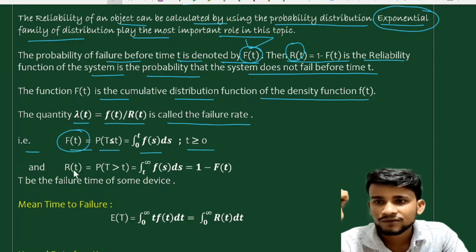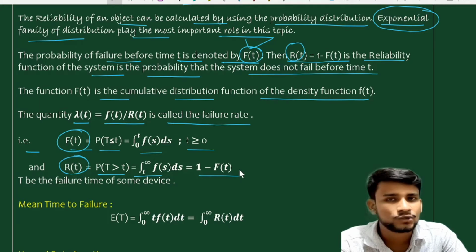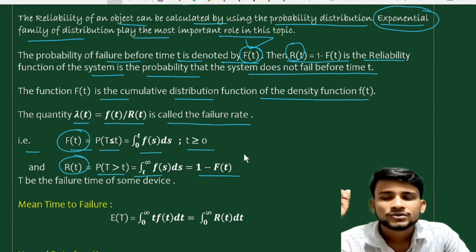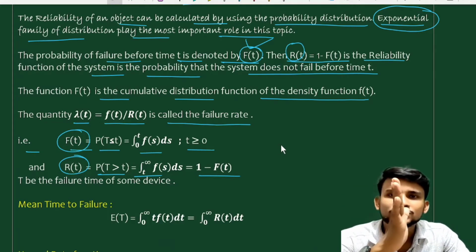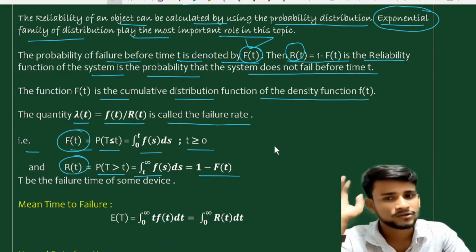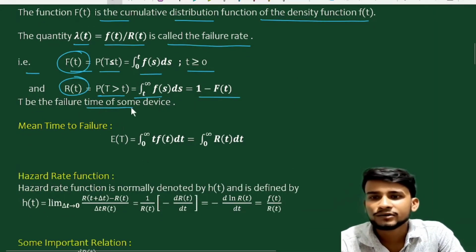This is the failure, and this is the reliability. So reliability equals the probability that T is greater than t, which equals the integral from t to infinity of f(s) ds, which equals 1 minus F(t). So F(t) plus R(t) equals 1. This is the total probability: one part is failure and one part is reliability. Total probability is 1, you know that. So let T be the failure time of some device.